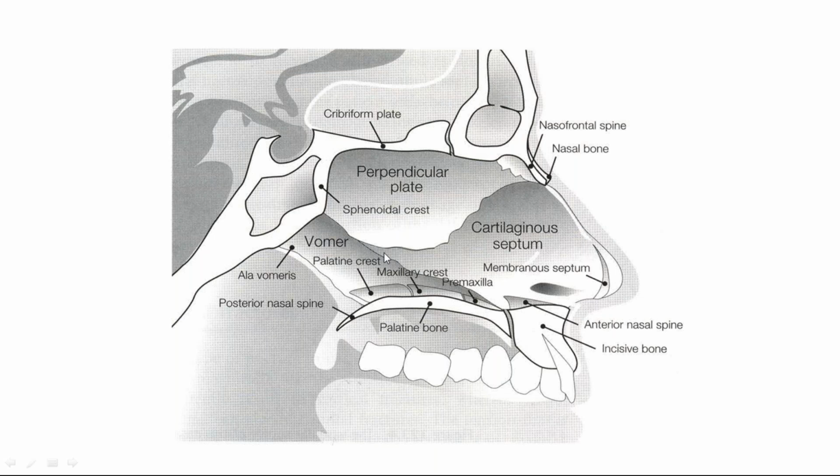You can see the cartilage is very intimately related to the vomer inferiorly and the perpendicular plate of the ethmoid superiorly. So the ethmoid and the vomer are the major contributors, with partial contribution coming from the rostrum of the sphenoid, the crest of the maxilla, the crest of the palatine bone, the nasal spine of the frontal bone, and the nasal bone.